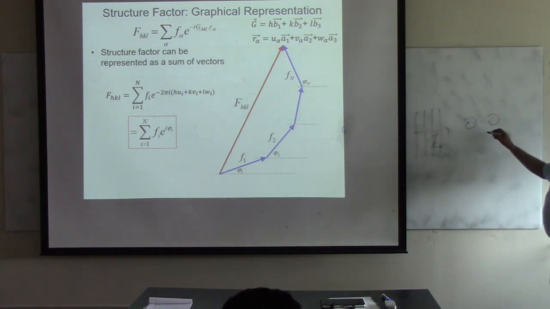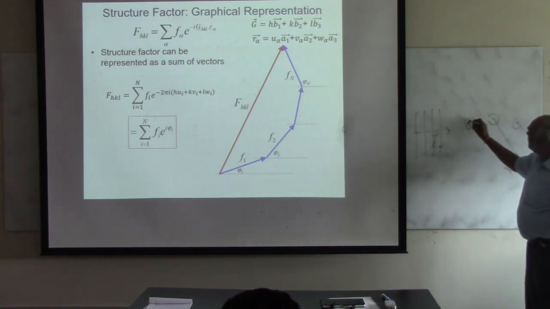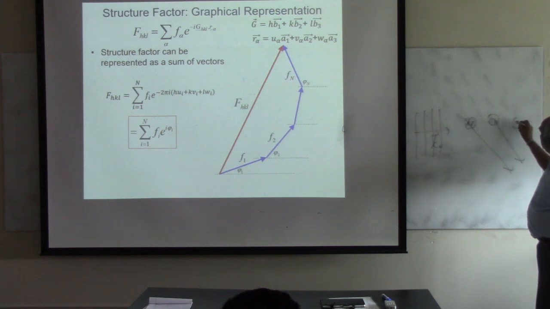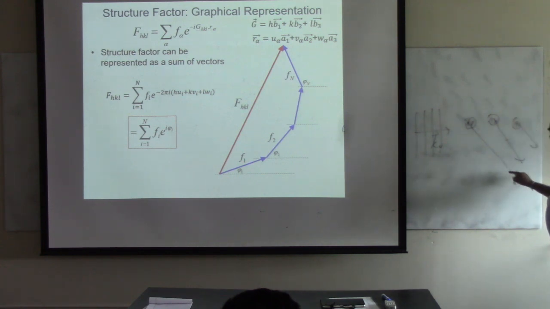Now each of them will scatter this, because each one has some density, right? Each one will give you some kind of phase difference. So this one can give you e^(i phi 1), this one can give you e^(i phi 2), e^(i phi 3), like that, right?